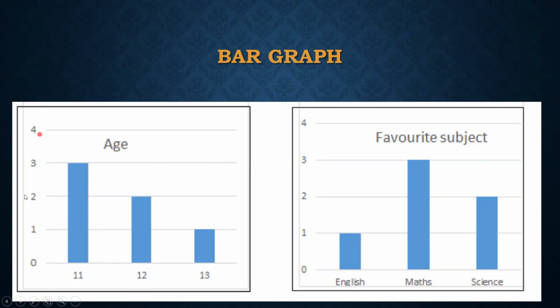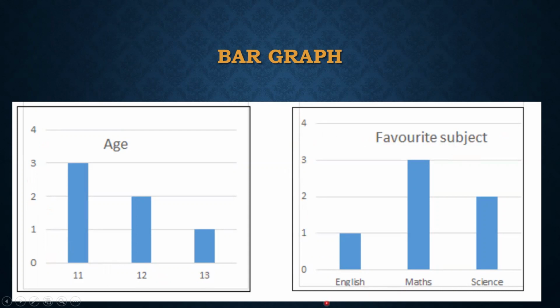These represent the number of people and these are the ages. Another question here is the favorite subject. Here is the number of people who like each subject, and these are the names of the subjects.